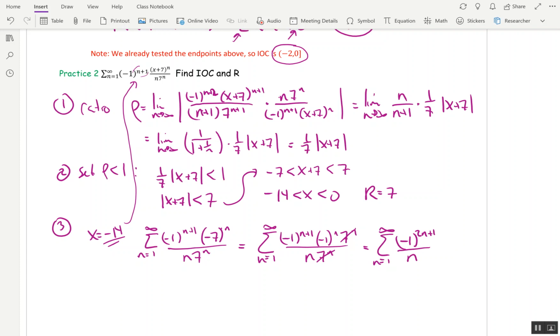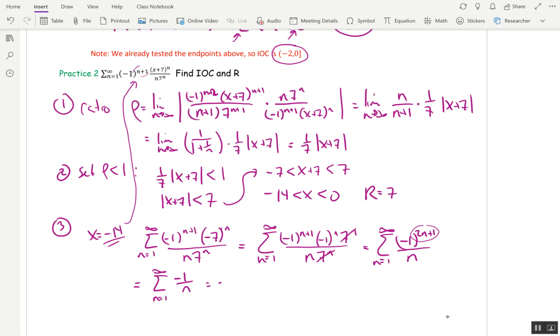This is not an alternating series, so you could not use the alternating series test. This is actually just negative 1 always on top. 2n plus 1 is always odd. It's going to be 1, 3, 5, 7. And so this is the series negative 1 over n. That's not alternating.